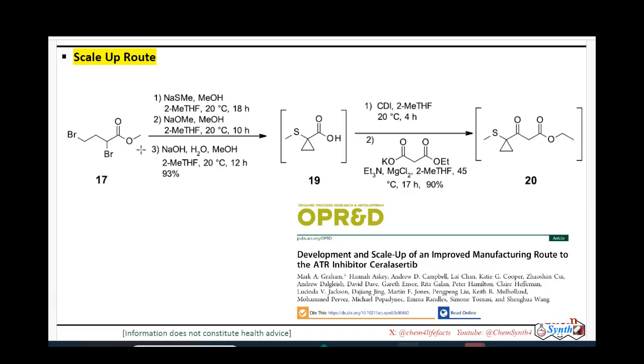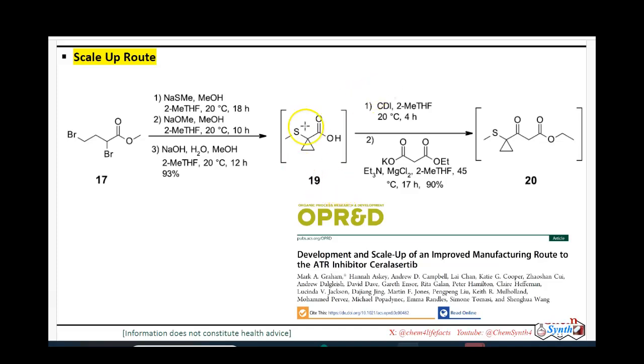And this reaction selectively happens at the C2 position of this ester. The use of co-solvent methanol helped to improve the solubility of the sodium thiomethoxide and enhanced the reaction rate.